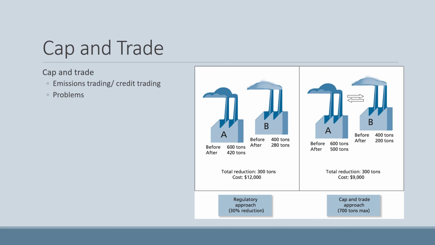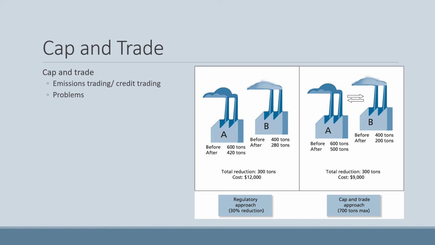It has its positives. A lot of times we can see the reduction overall go down, right? So we're pulling it down, and if we total up emissions for an entire area, we can see that they meet the standards. However, there are a lot of problems. It does not consider the local effects from concentrated pollution, because all it's concerned about is an overall concentration. So company B, for example, locally, their air gets much better, right?